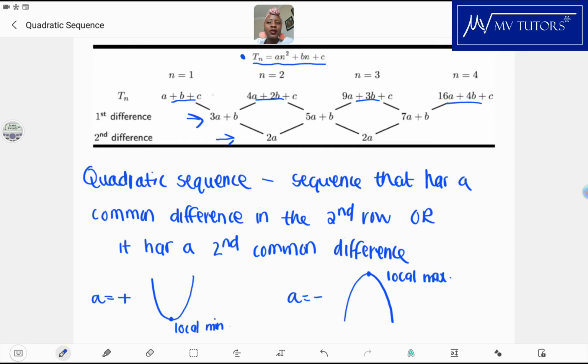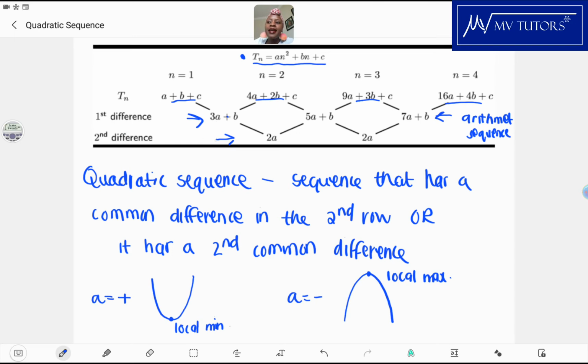Because when you get your first difference, you realize actually when you look at your first difference, it is like an arithmetic sequence. It's something you can note. It's an arithmetic sequence. And then you get your first difference.